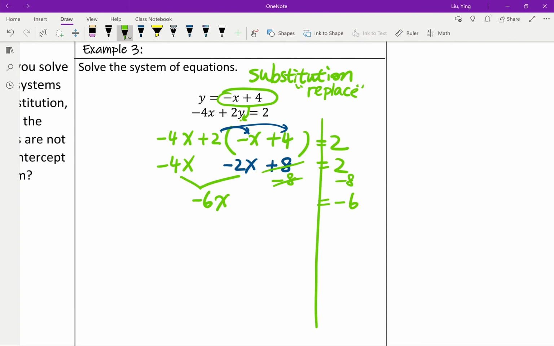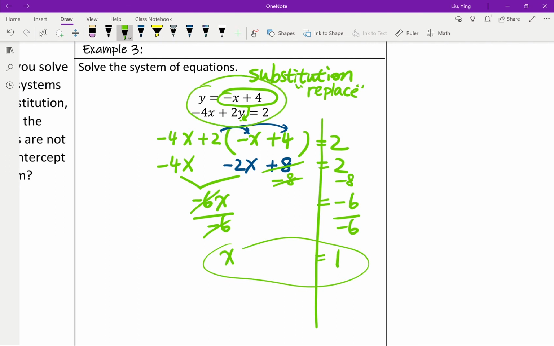So that's how we know that it's time to divide, to get rid of the number in front of the x. So we divide by negative 6, we just get x left. On the right hand side, negative 6 divided by negative 6 is 1. So x equals 1. That's part of the solution for this original system.